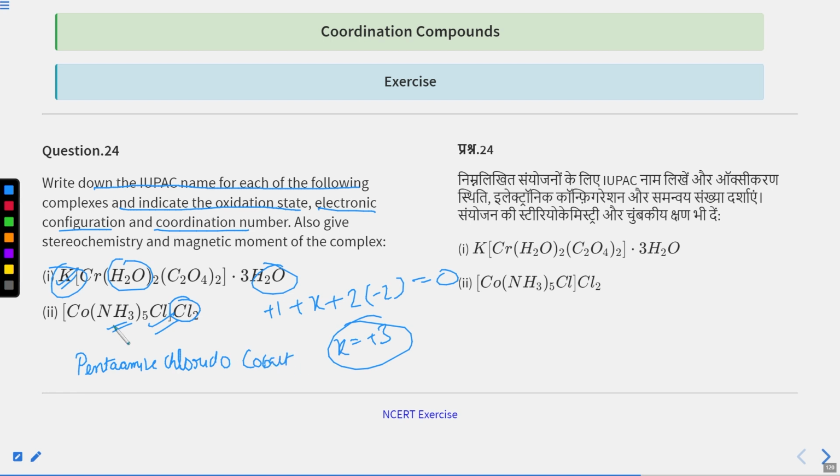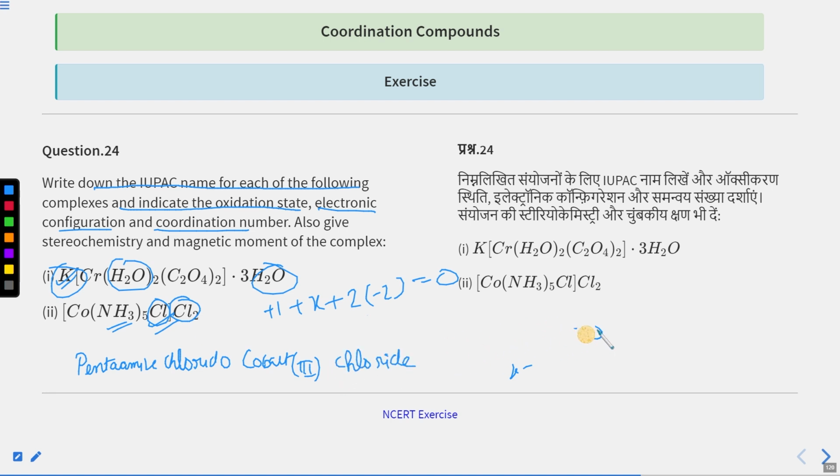What is the oxidation state? 1 Cl- is outside, -1, and 2 Cl are outside, again -2. X plus the charges equals 0, so X is +3. So 3 is the oxidation state of cobalt. Then we have chloride on the outside.